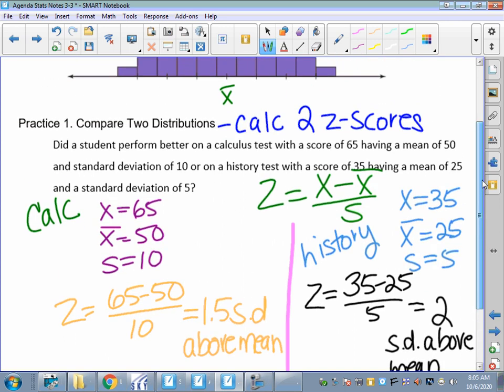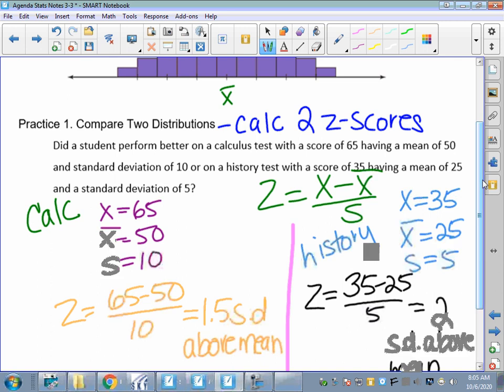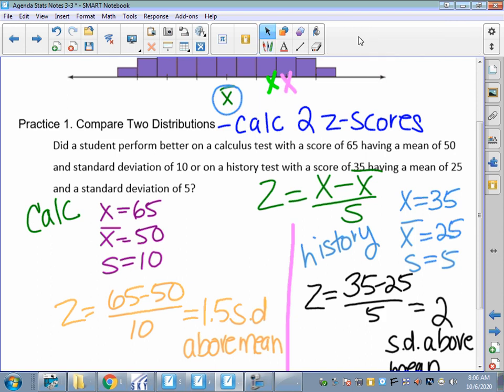So if this is my mean right here in the middle, that means on the calc test, they scored 1.5 standard deviations above the mean. On the history test, they scored 2 standard deviations above the mean. So the history test, they actually did better on, even though they only had a 35.